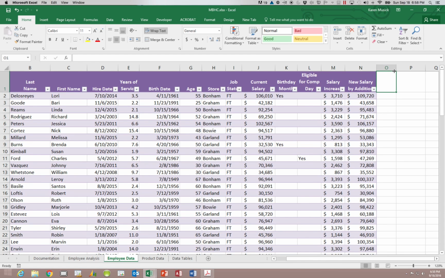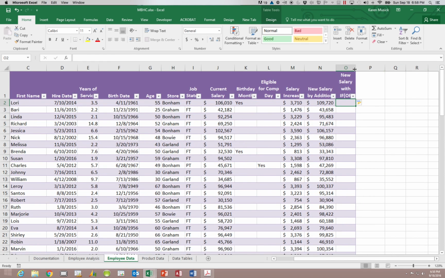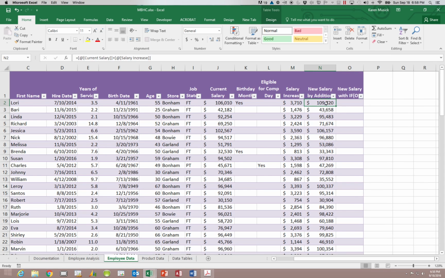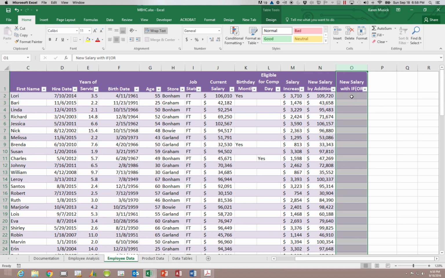And then let's assume that instead of calculating the salary increase with our if statement, we're going to do the new salary with if or. And I'm going to take the format painter and paint the formatting into there.